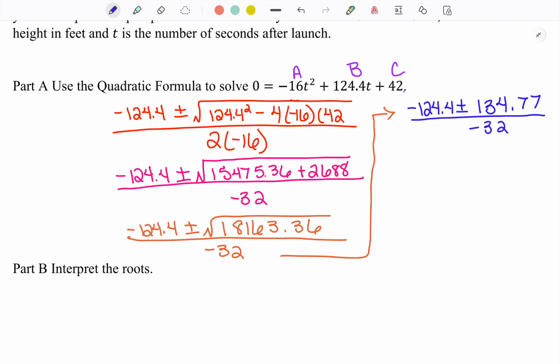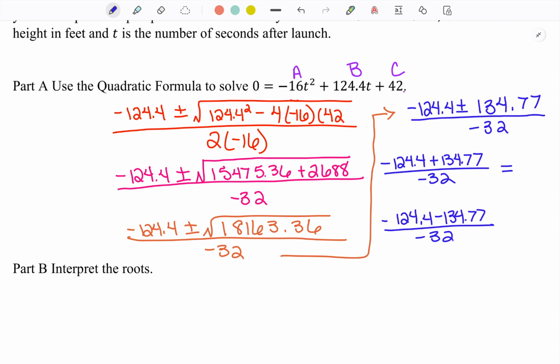So now we are going to have to split this up, and take care of the positive case and the negative case. So I'm going to have negative 124.4 plus 134.77 over negative 32. And then we will have negative 124.4 minus 134.77 over negative 32.